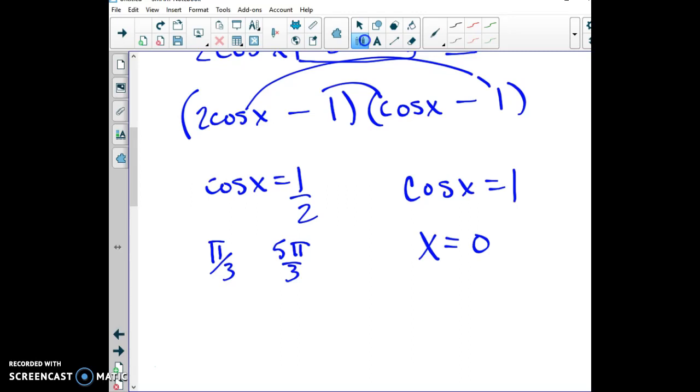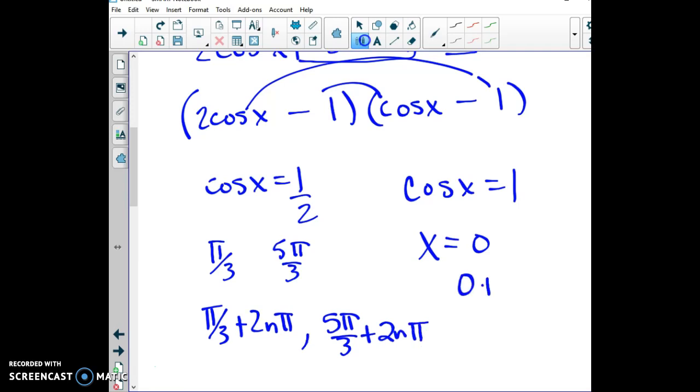Then we have a period of 2 pi for cosine, so that we know that all solutions would include pi thirds plus 2n pi, 5 pi over 3 plus 2n pi, and 0 plus 2n pi. That's all of our solutions.